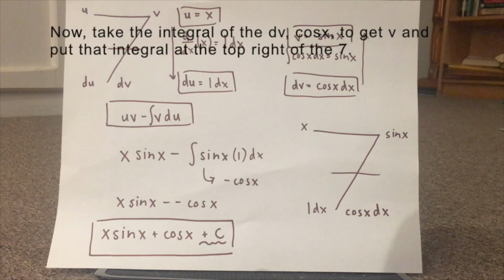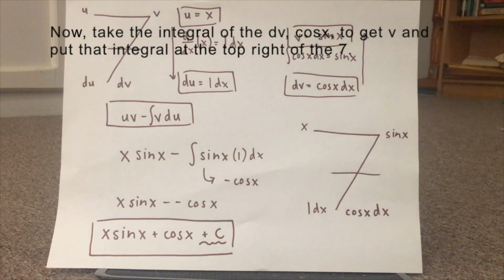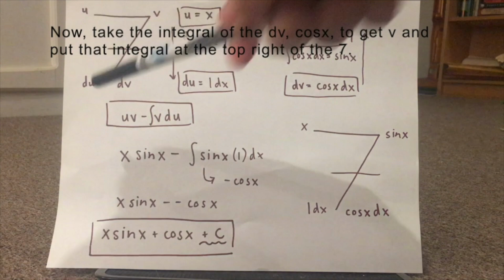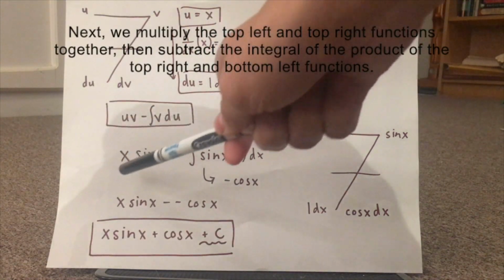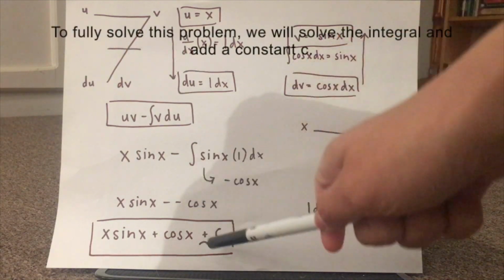Now take the integral of the dv, cosine x, to get v, and put that integral at the top right of the 7. Next, we will multiply the top left and top right functions together, and then subtract the integral of the product of the top right and bottom left functions. To fully solve this problem, we will then solve the final integral and add a constant c.